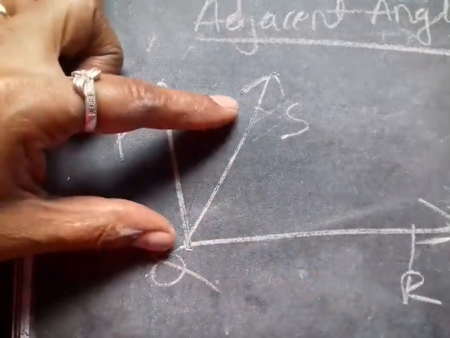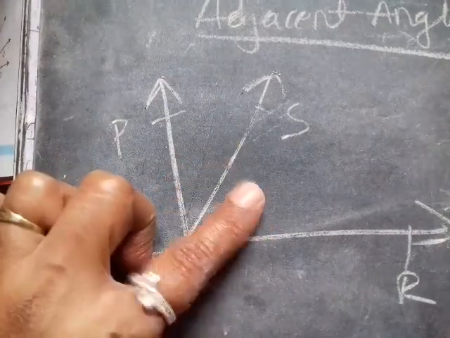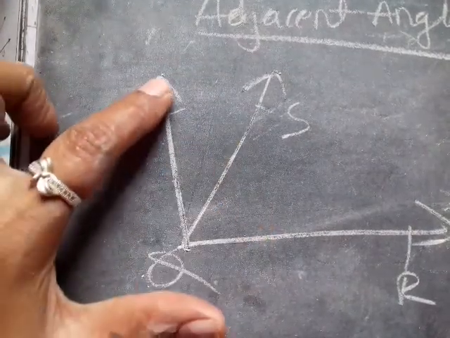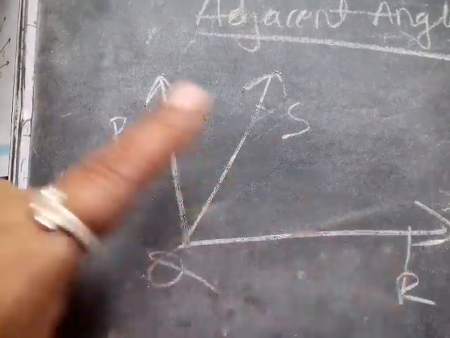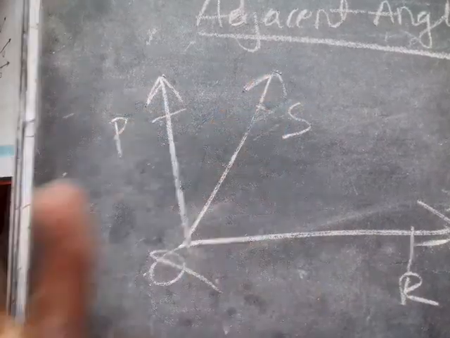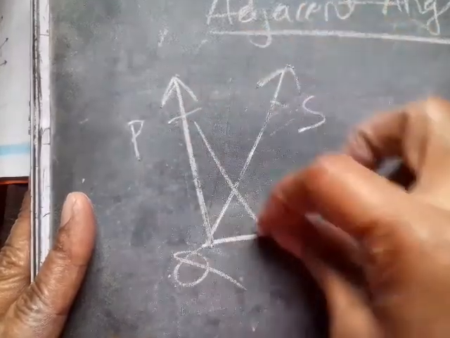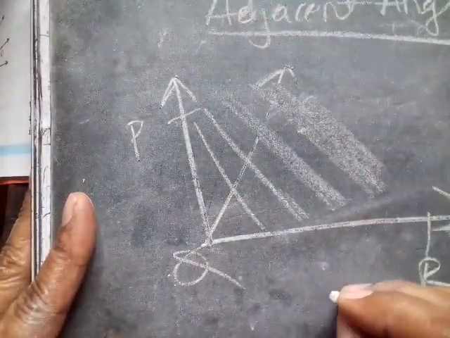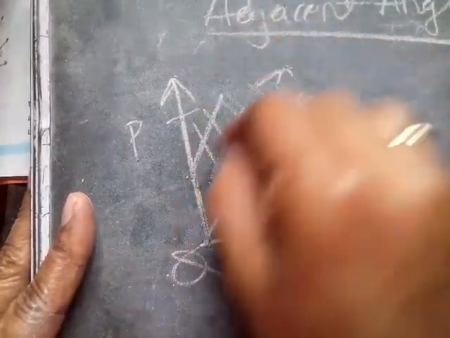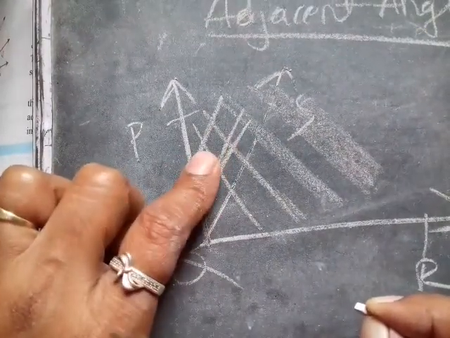They have the common arm and their interiors are separate. But if you take PQR and PQS, they will not become adjacent angles, because PQR has the complete interior and PQS lies inside it, so they have common interior.